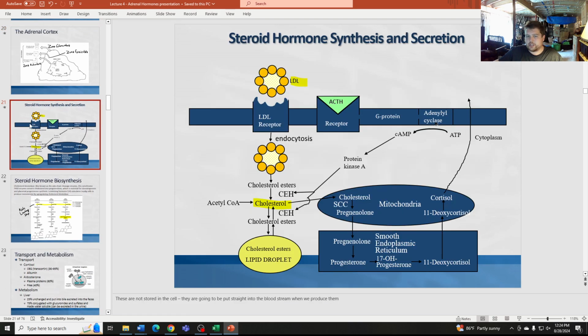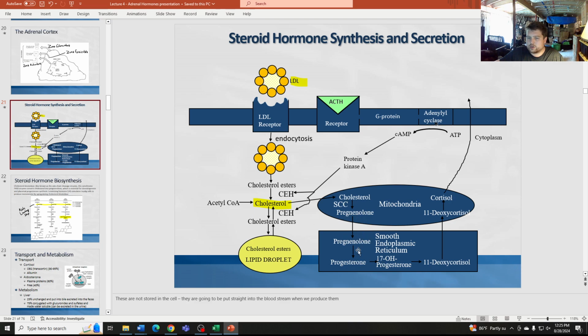Little biochemistry review. Remember that steroids are coming from our fats. They're coming from cholesterol. So see, we have ACTH, the adrenocorticotropic hormone, coming from that pituitary gland, coming down here, binding to the receptor, uptaking low-density lipoproteins, breaking them down, getting out cholesterol, and then the cholesterol is going to be used to produce all of that stuff.